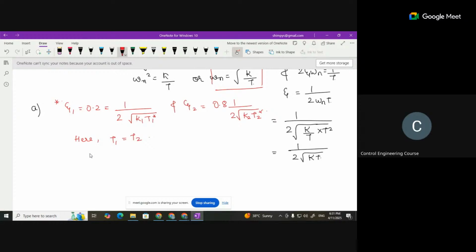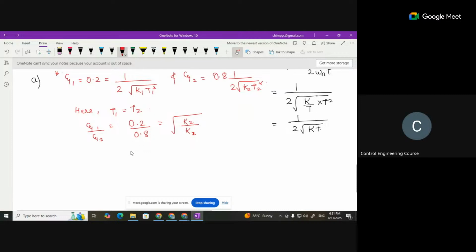So if I take the ratio of zeta 1 by zeta 2, that is 0.2 by 0.8, it will become the root over the ratio of K2 by K1. So now we will have a relationship between K2 and K1. Find out what it comes out to be, or square both sides, and see what you're getting.